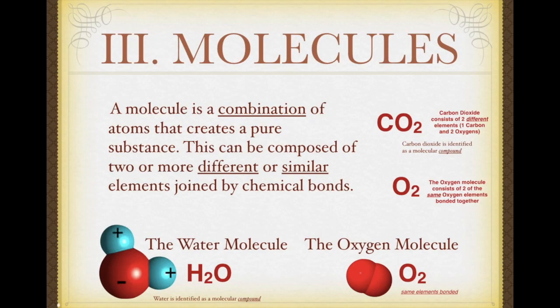Okay, molecules, we said, are a combination. They can either be pure, two of the same, such as O2, two oxygens combining together, or they can be different. Okay, we said H2O, we can have H's and O's are different, so that can be a molecule. Two of the same or two different could be a molecule.